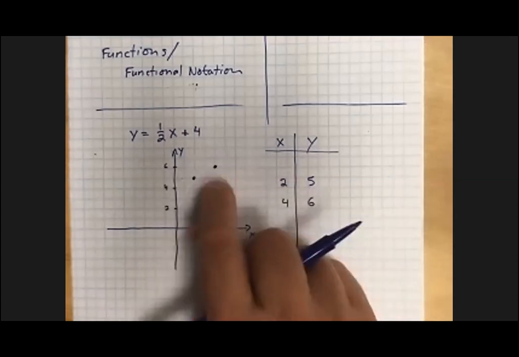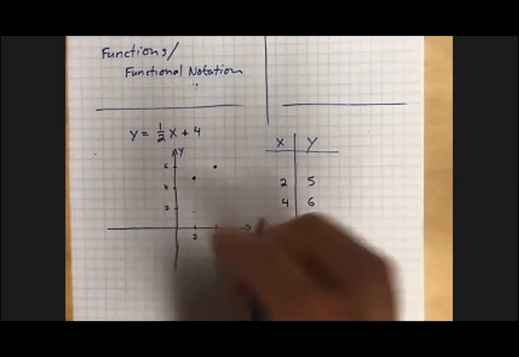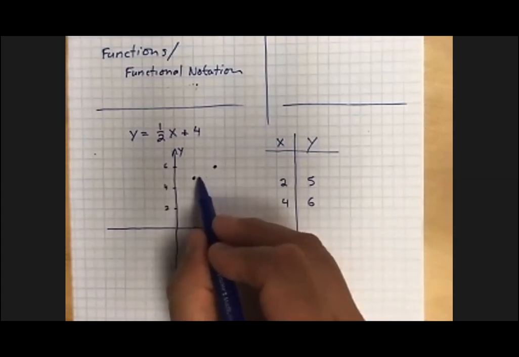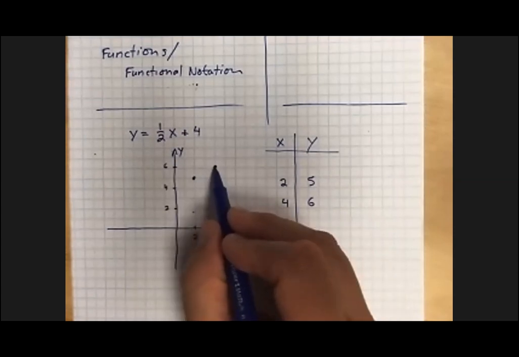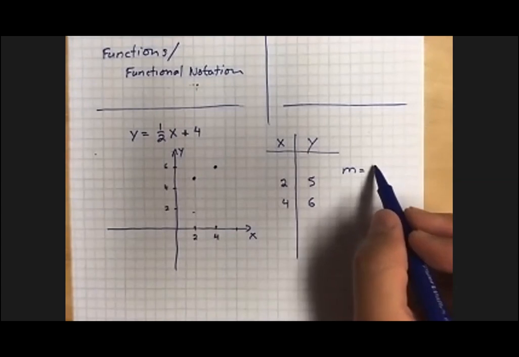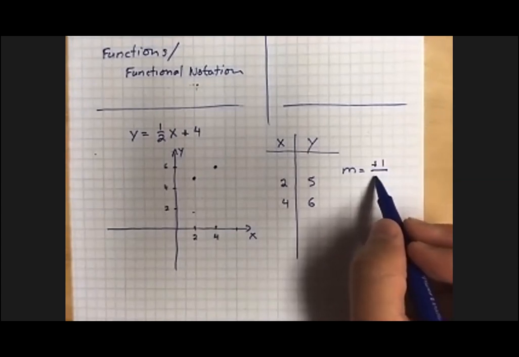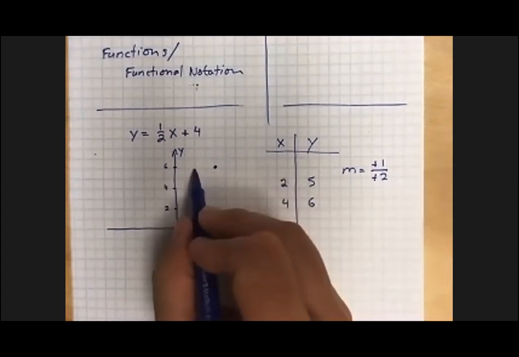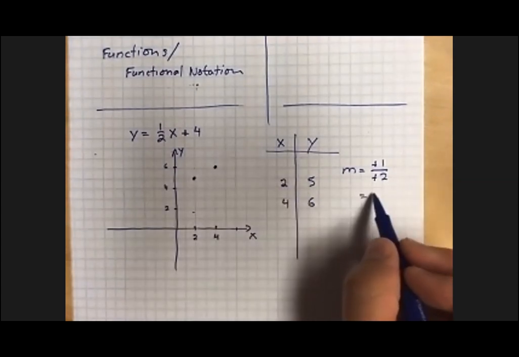But once I have these 2 points, I see the slope is up 1 over 2. Up 1, right 2. That's the slope, 1/2.